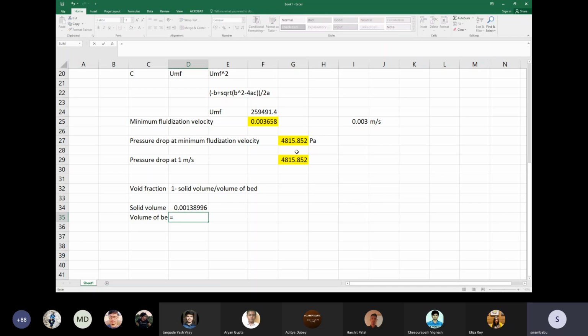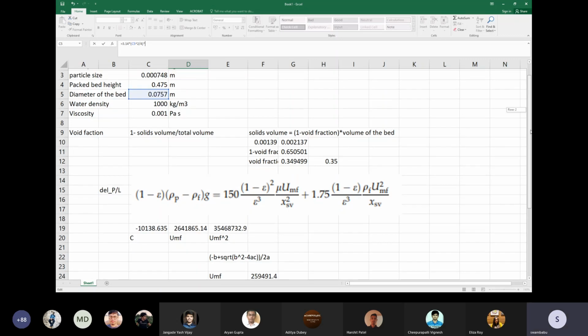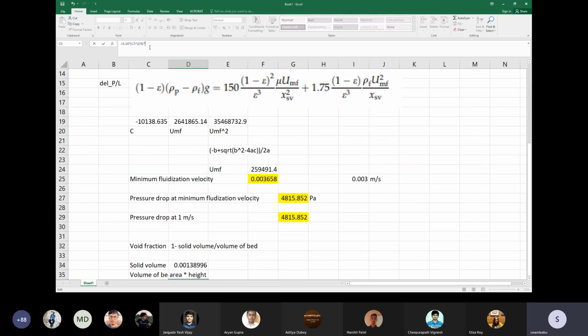Volume of bed is nothing but area into height. So this will be 3.14 into diameter square by 4, maybe I'll put in brackets, into height. The height of the bed is given as 0.6.